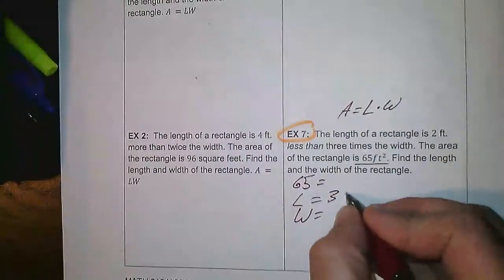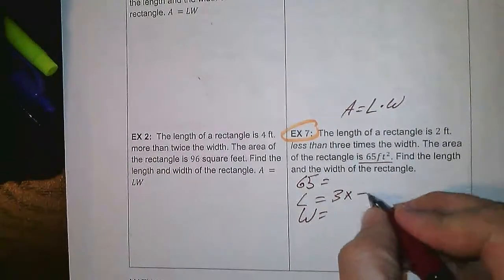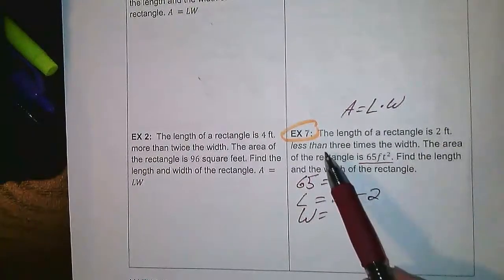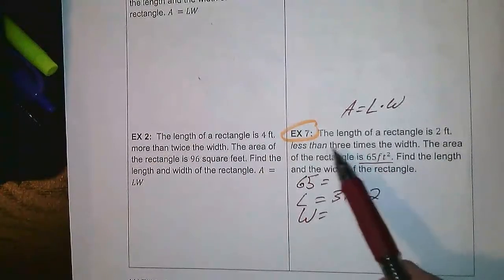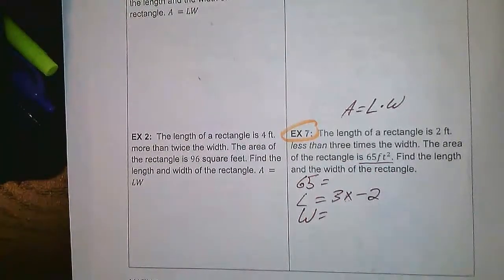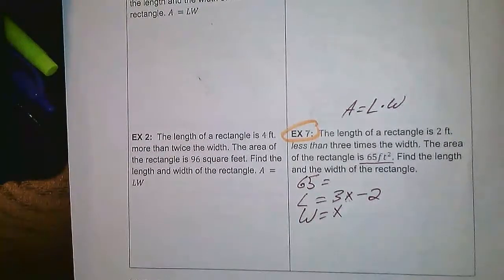So I have 3 times the width minus 2. Less than is one of those switch phrases where it goes at the end. It does not describe the width to begin with, so we will start with X.